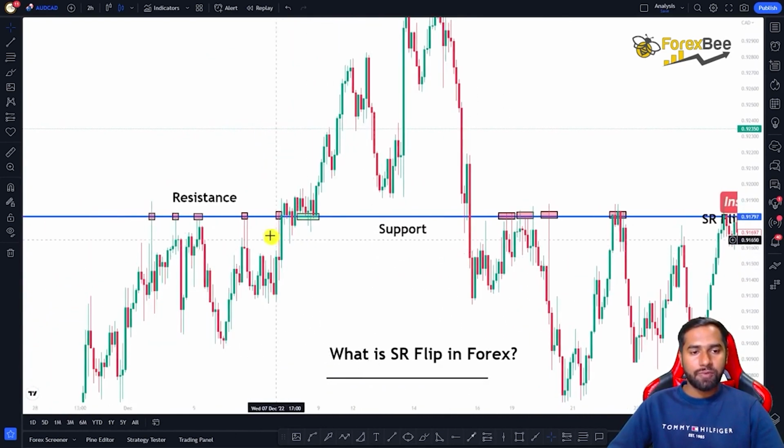So because of the formation of these rejections and these big shadows, we have understood that there is a lot of price action going on at this level. So this level will be a key level, and this level will be called an SR flip level.